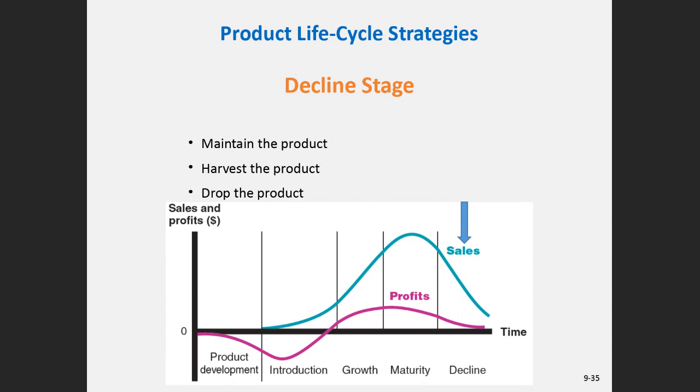You could harvest it, which means just reducing the cost as much as you can. Don't put any more research and development into it, or advertising, or sales, and hope that it holds up to some degree. I always think of Lifebuoy soap. Lifebuoy soap has been around. I remember my grandparents used it.